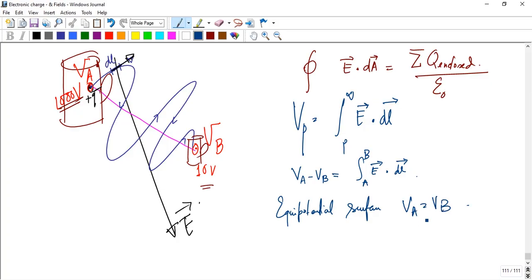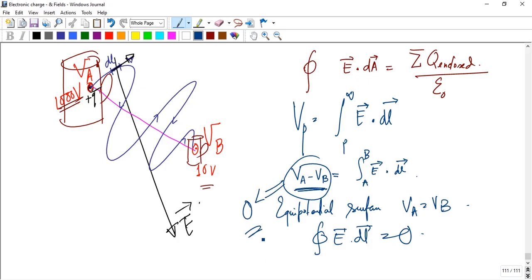If VA equals VB, then obviously the integral of E dot dl is 0, because the value of VA minus VB will be 0.